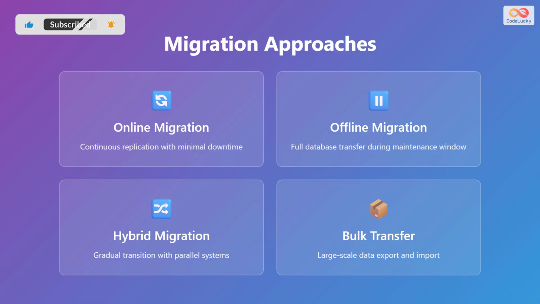This ensures data consistency, but requires planned downtime. Hybrid migration combines both methods, allowing a gradual transition where some systems run in parallel. This reduces risk by testing cloud systems while maintaining on-premises backups. Bulk transfer is used for large-scale data export and import operations, typically for massive datasets where you export everything at once and then import it into the cloud database.